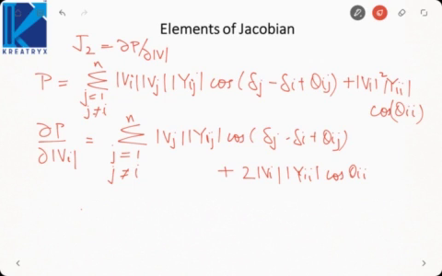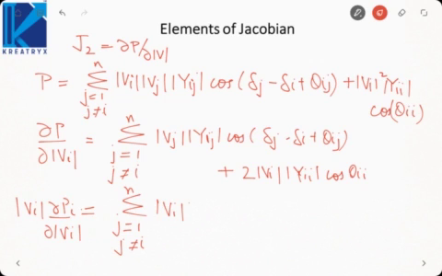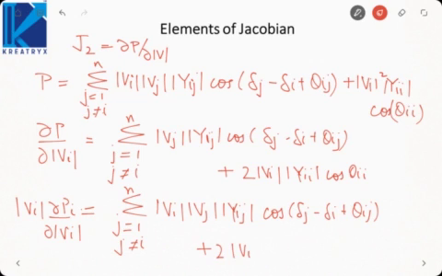Now multiply and divide by mod Vi, or multiply both sides by mod Vi. So it will become the sum over j equal to 1 to n, j not equal to i, of mod Vi mod Vj mod Yij cos of (delta j minus delta i plus theta ij), plus 2 mod Vi square mod Yii cos theta ii.